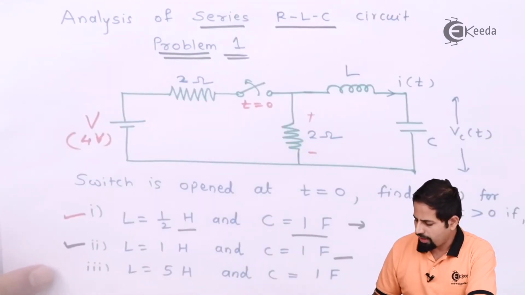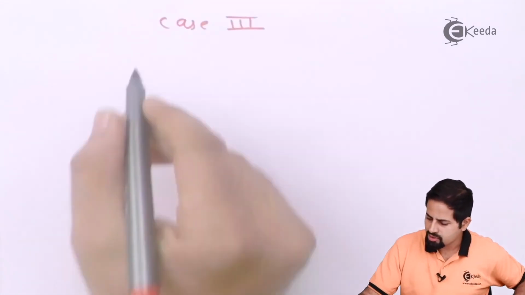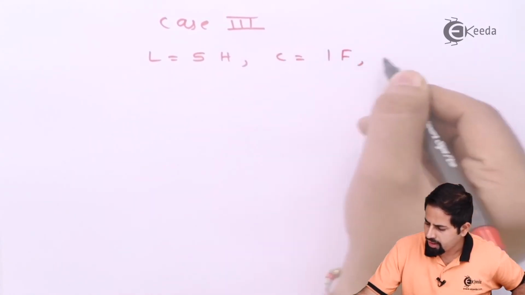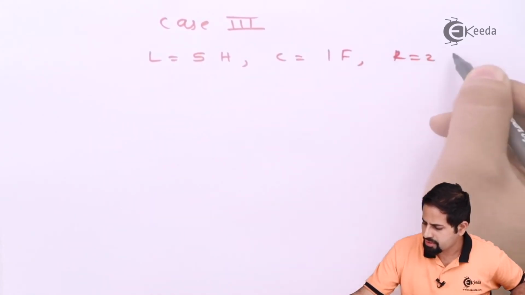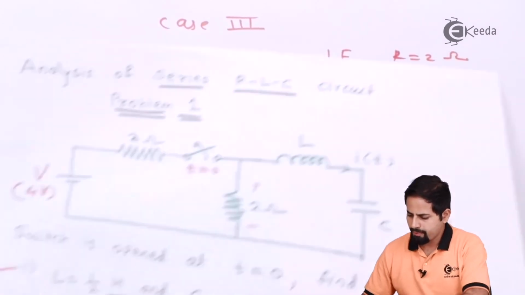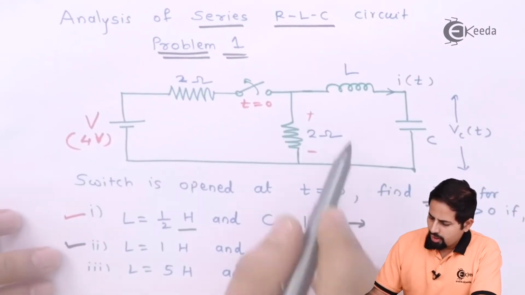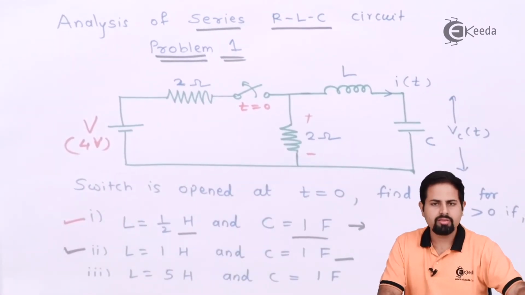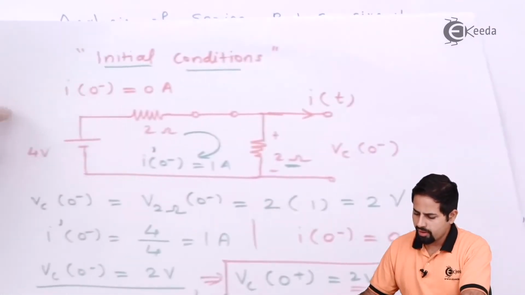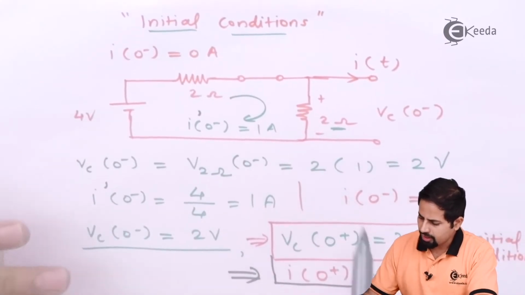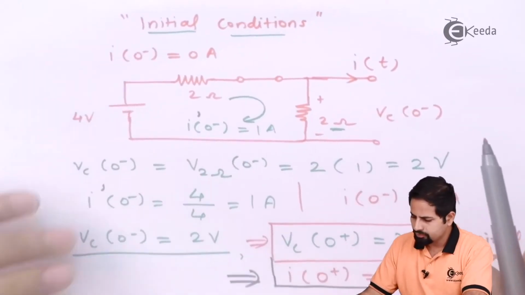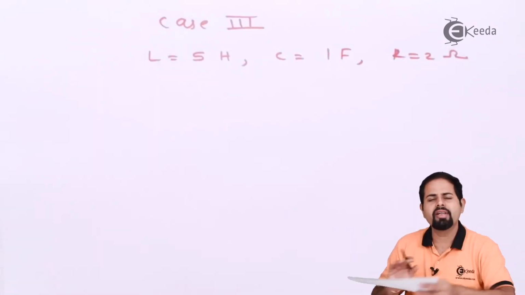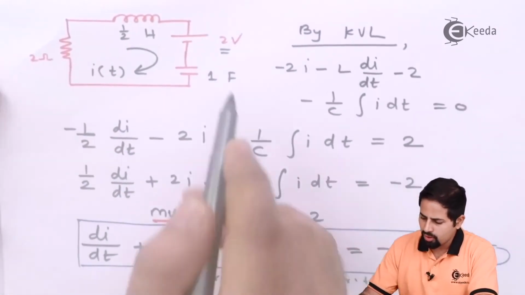It is L equal to 5 and C equal to 1 farads. So L equal to 5 Henry, C equal to 1 farad. Resistance value is as it is, 2 ohms. So everything will be as it is. Even the initial conditions which we have derived will be exactly the same, but the change will only be when we apply KVL at time t greater than 0 to this circuit.